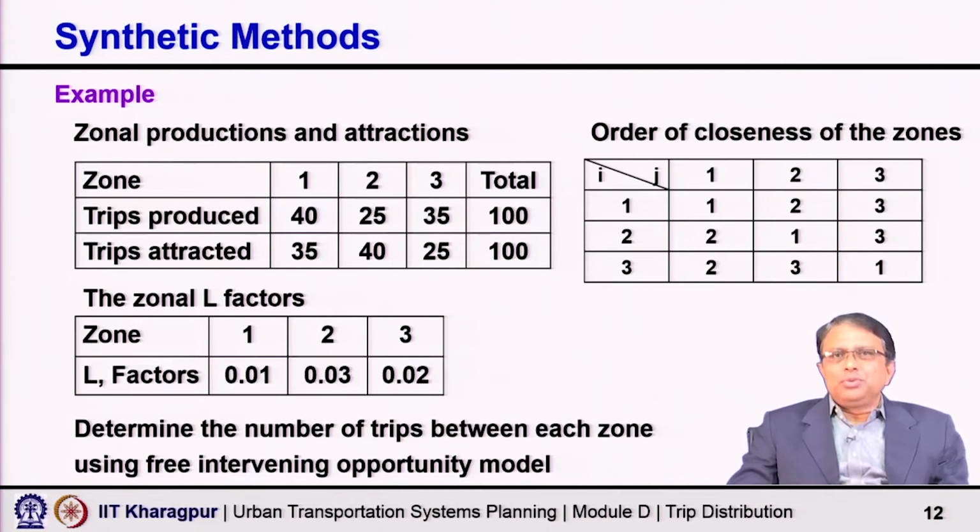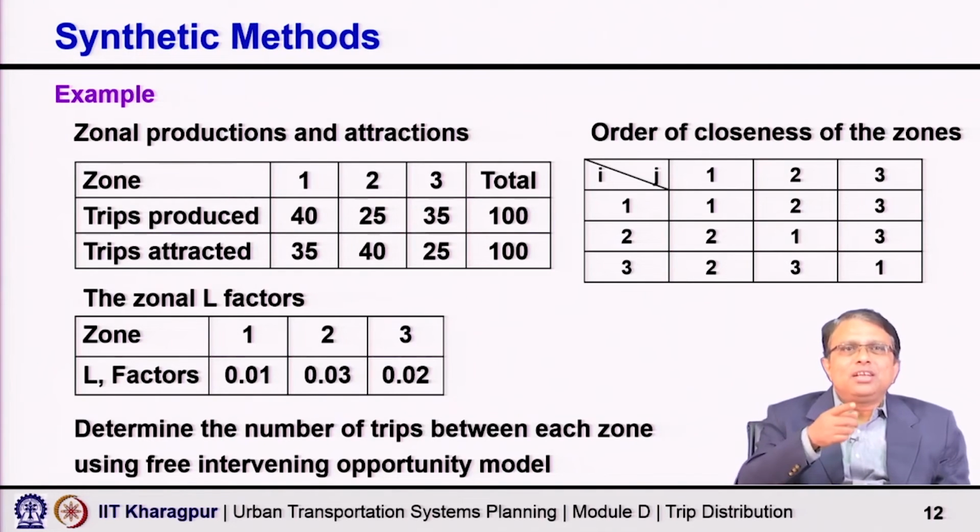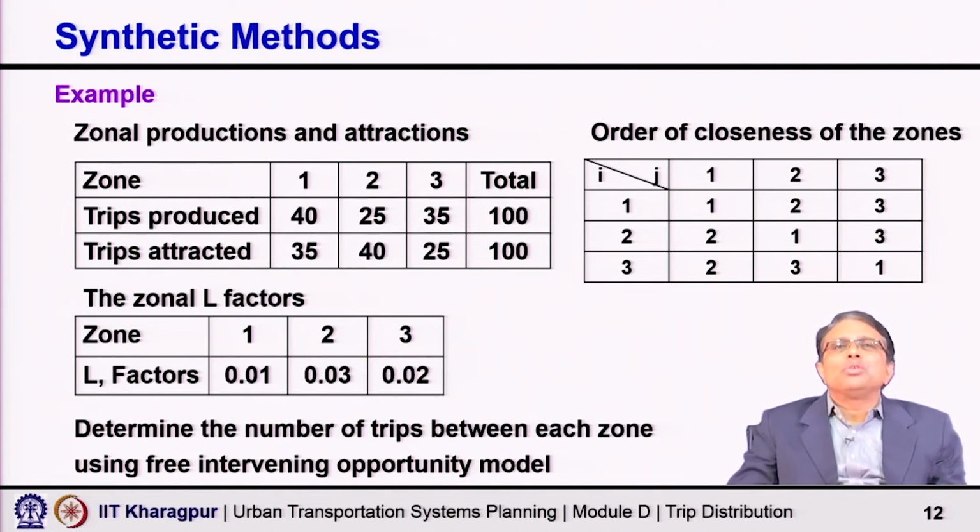For zone 1, the closest zone is 1, then next is 2, next is 3. For zone 2, the closest one is actually 2, then 1, then 3. For zone 3, the closest one is 3, then 1, then 2. That is the order of preference, and here is the L value for zone 1, zone 2 and zone 3.